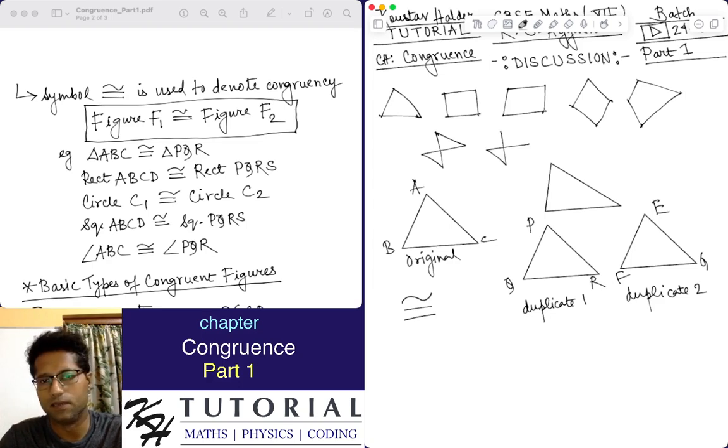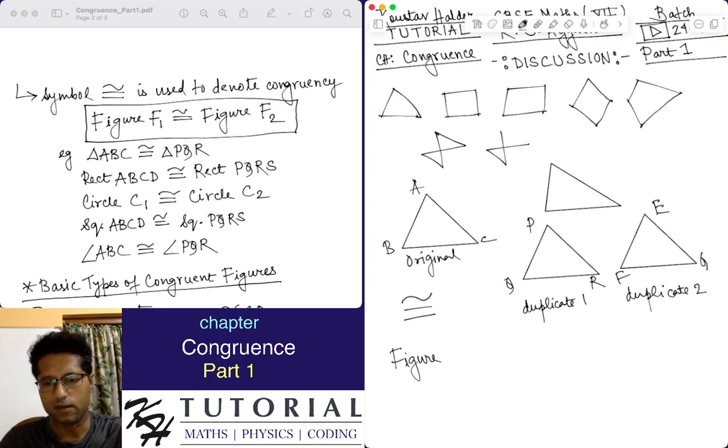Now when we mathematically express a figure, what we do is we write a figure. Instead of figure, it could be a symbol of triangle, or it could be in words like rectangle, circle, or square.